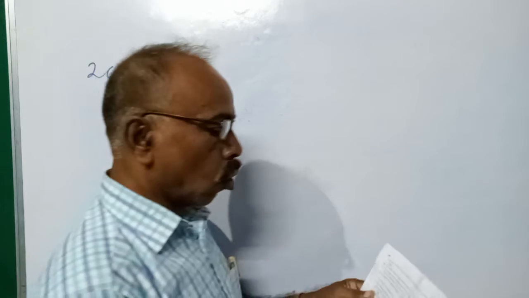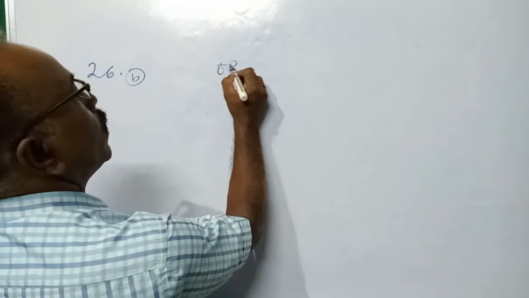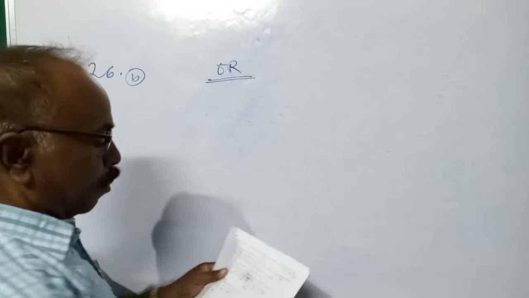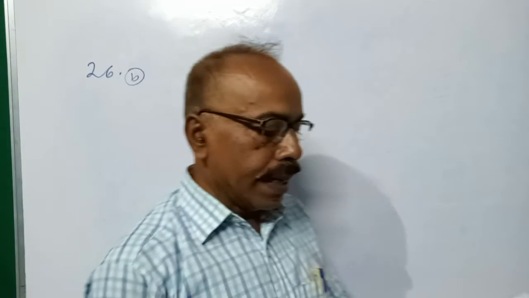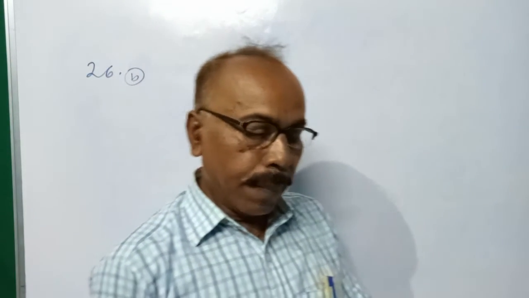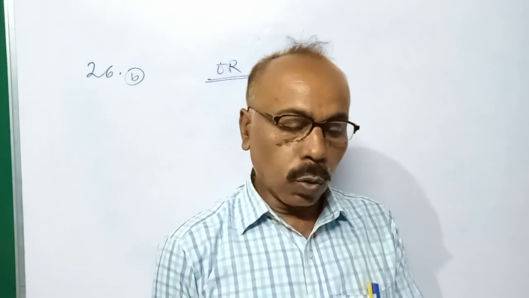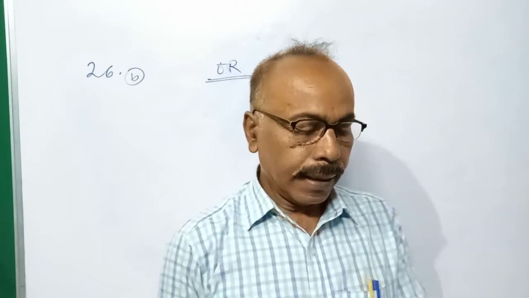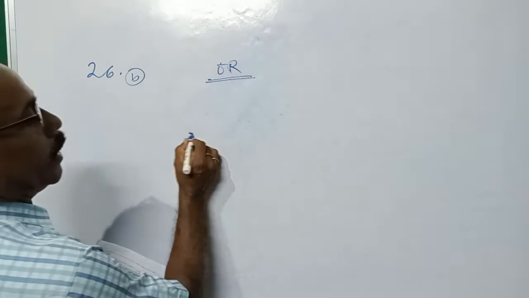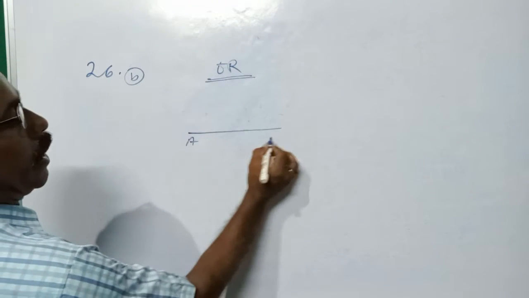Next, this question number is 26B. Divide a line segment AB of 6 cm in the ratio 2:3 internally. My dear student, say this is the line segment AB.